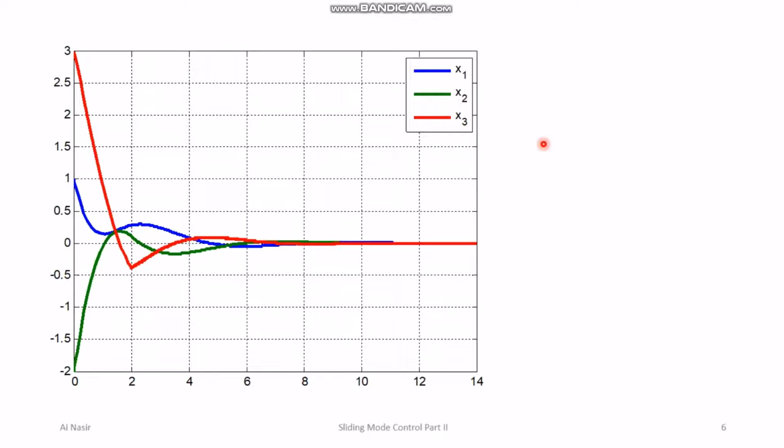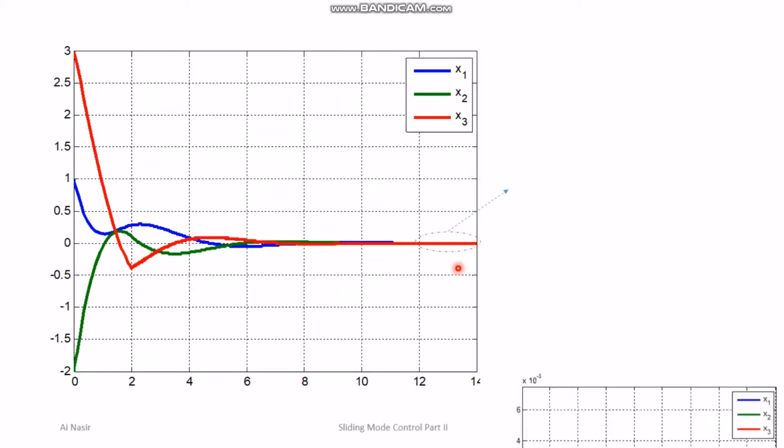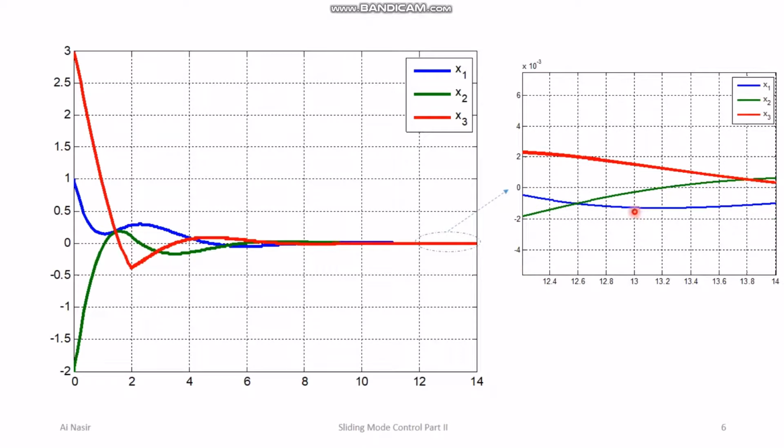So this looks so far so good, but I just want to point out something here. If you zoom in on this part, it looks very nice in this graph, but if you really zoom in, you will find that there is 10 to the power minus 3, very small, but there are errors.